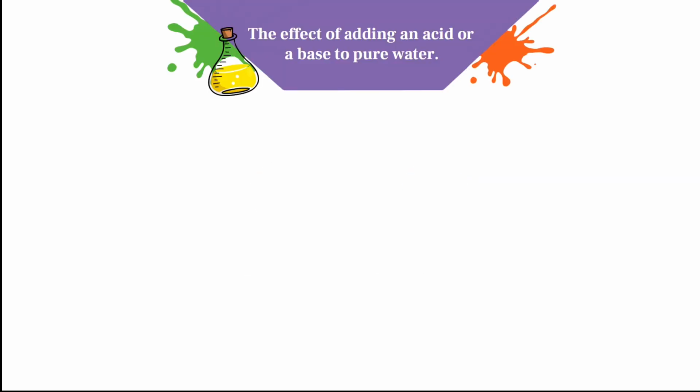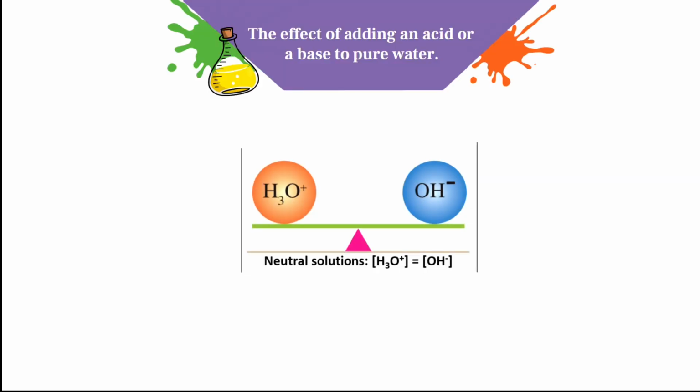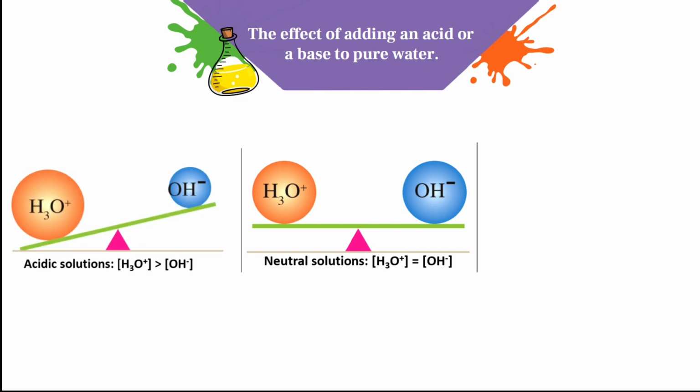If we add a substance to pure water and find that H3O+ concentration is equal to OH- concentration, then we conclude that the solution is neutral. Whereas if the concentration of H3O+ is greater than the concentration of OH-, then the solution is acidic.